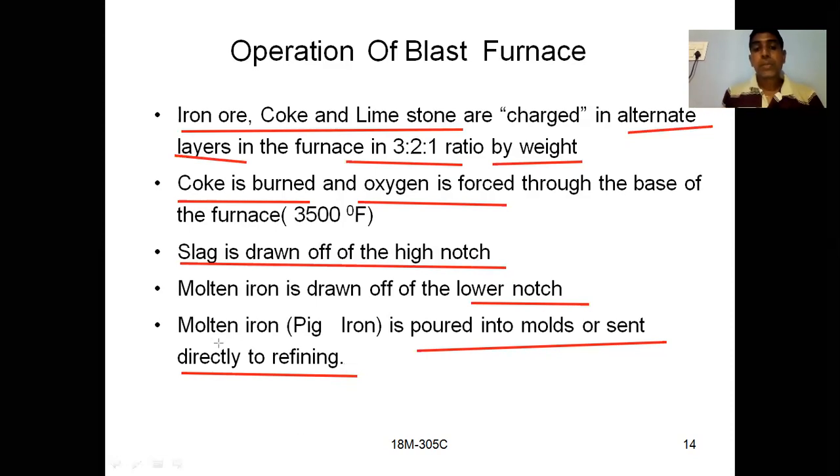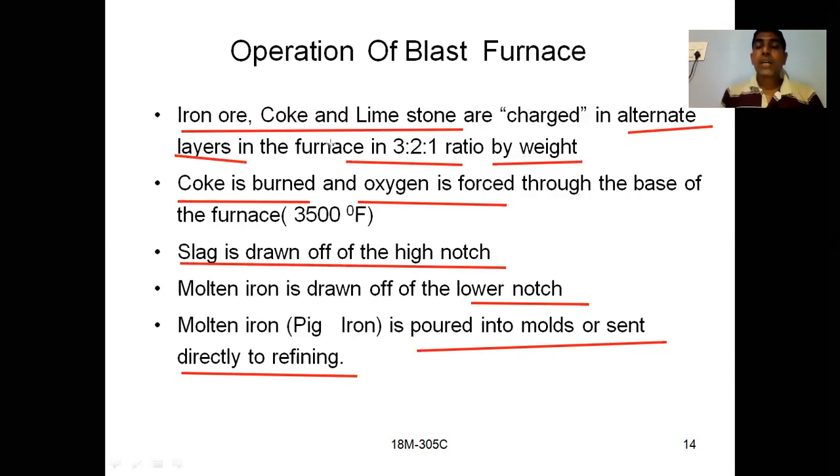So it should be sent to refining, or it can be made into solid state. That means you can solidify it, and after solidification, those solidified bars can be used for further refining. So directly you can do, or indirectly you can do further refinement.